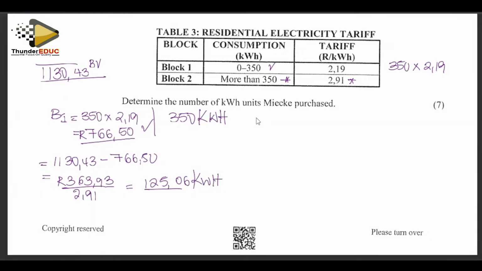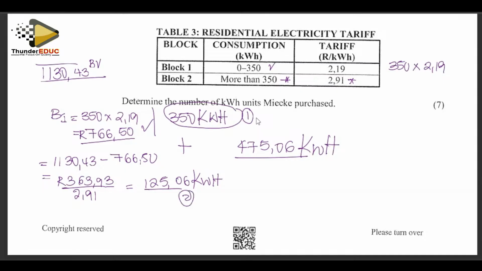Then we add the two, whereby we end up with the units the person bought or used. 350 coming from block number 1, and the 125 coming from block number 2.